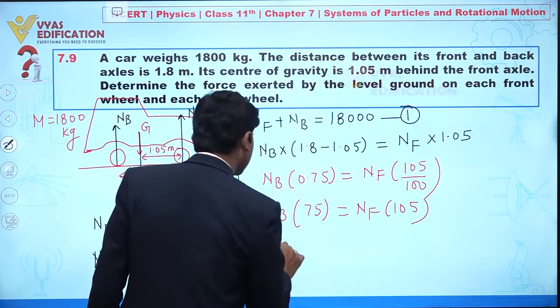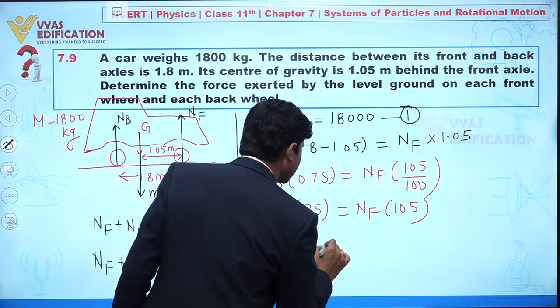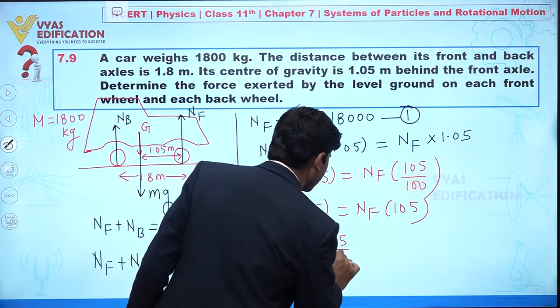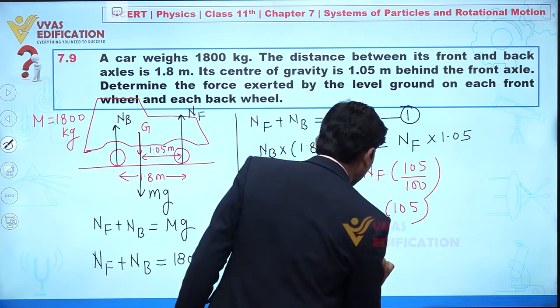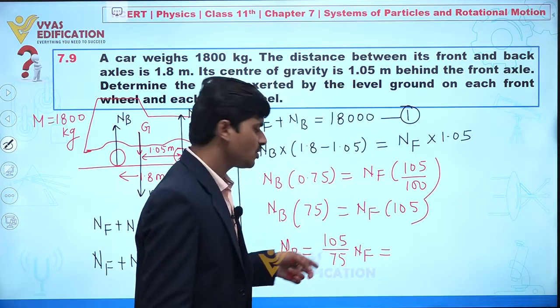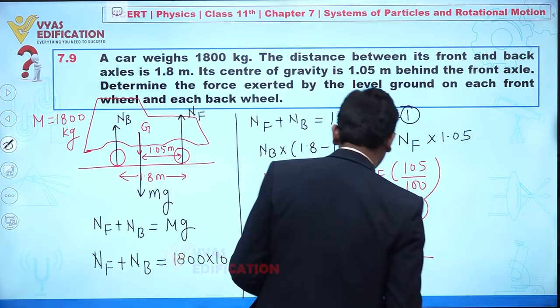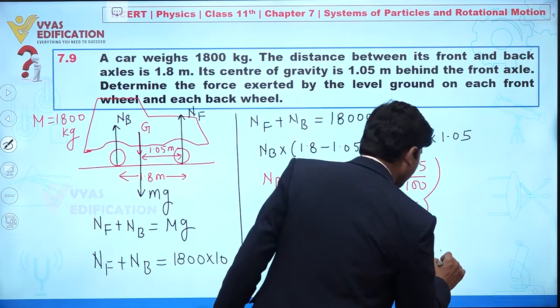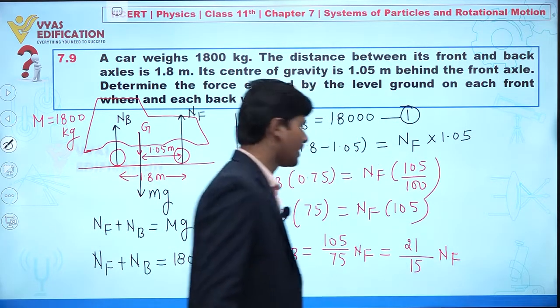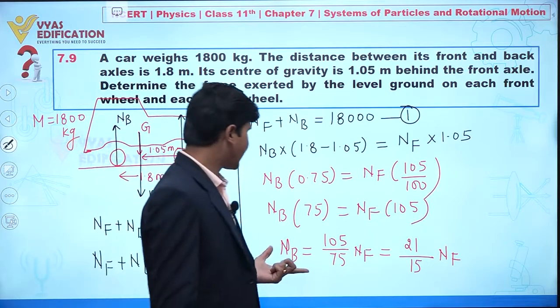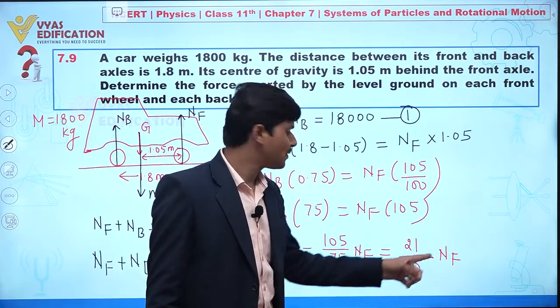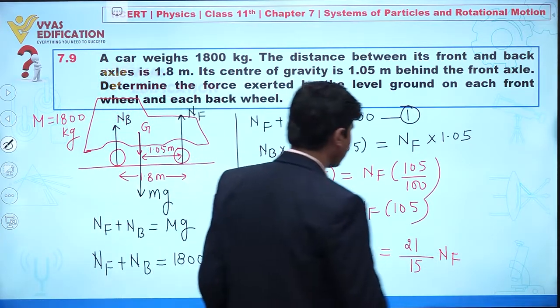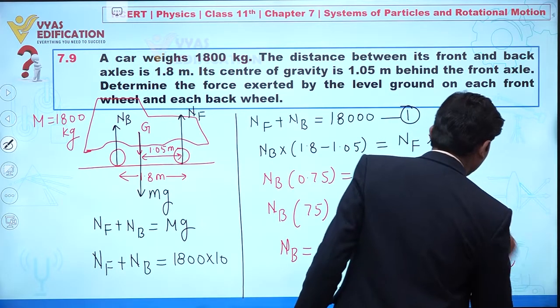So from here, value of NB is given by 105 by 75 NF. If you cancel with 5, this is 21 by 15 NF. So now we are getting NB equal to 21 by 15 NF. Let's suppose this is equation number 2.